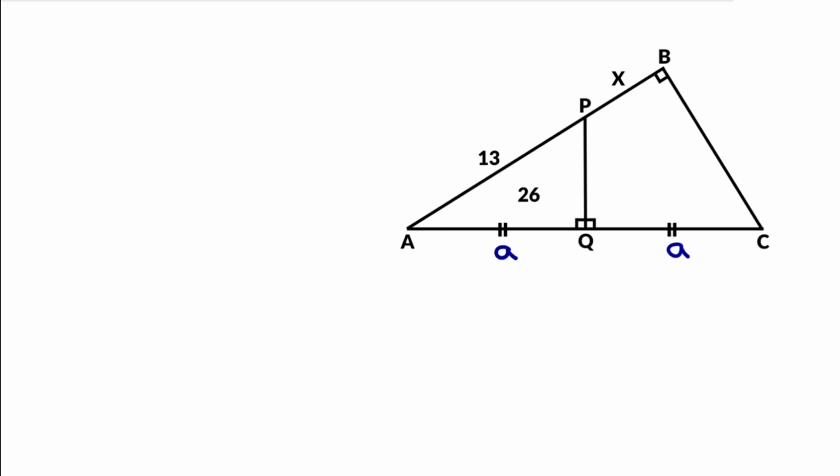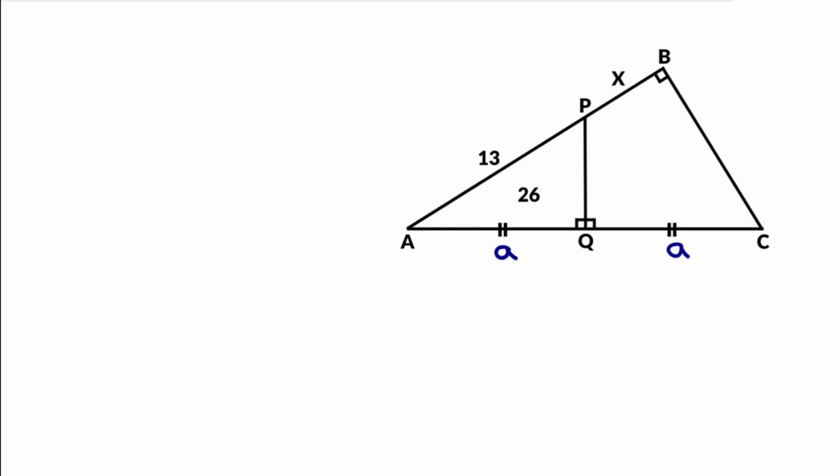Now, from point Q, a vertical segment rises upward and hits the top side at point P. And this segment, PQ, is perpendicular to the hypotenuse AC. Now here are the two critical clues about the small triangle on the left, triangle AQP.